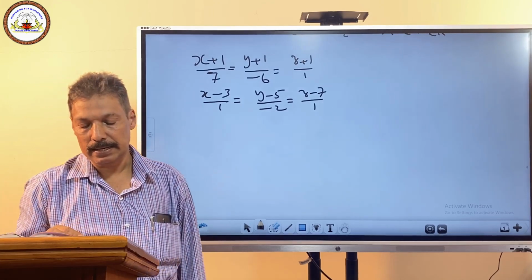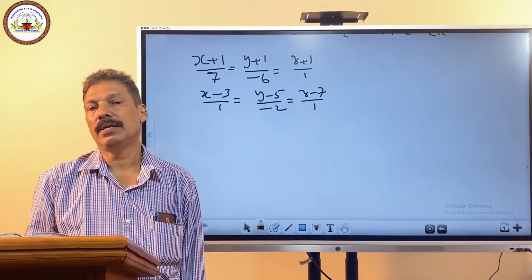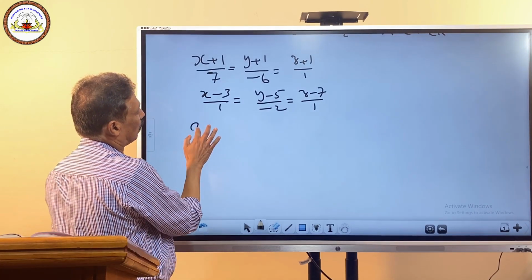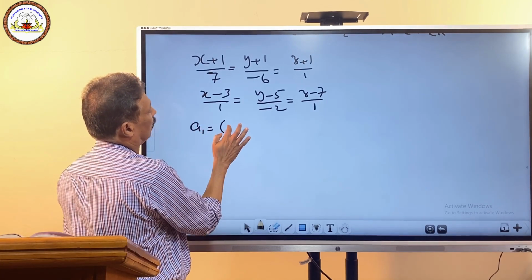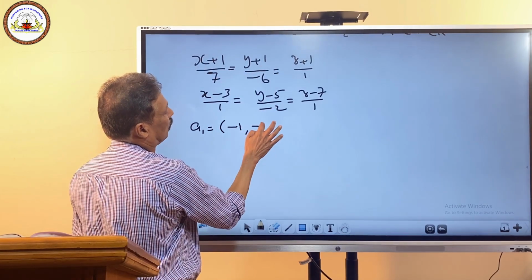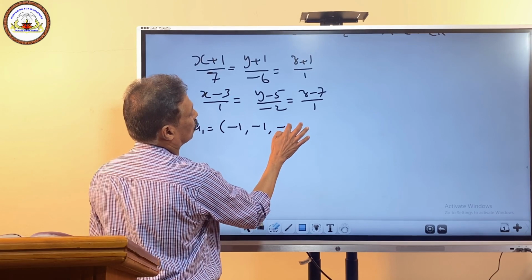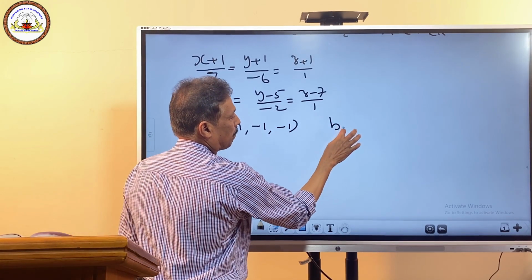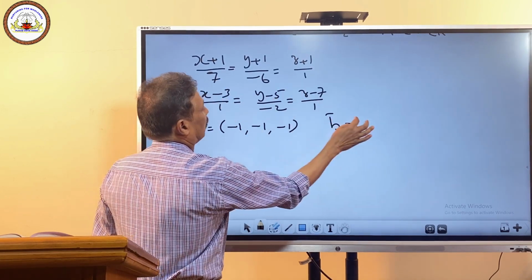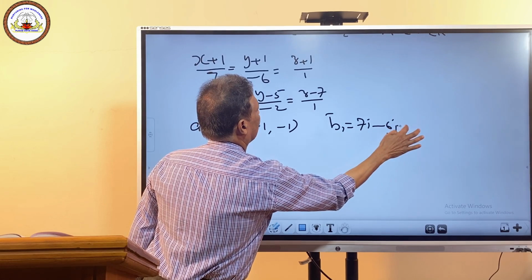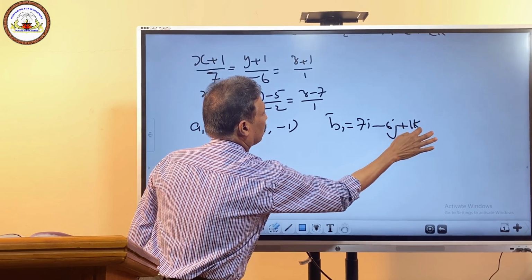Two lines are given. They are in Cartesian form, and we have to find the shortest distance between them. The first point A1 is, since it is x plus 1, we write minus 1, then y plus 1 gives minus 1, and z plus 1 also gives minus 1. That is A1. Then B1 bar equal to 7i minus 6j plus 1k.